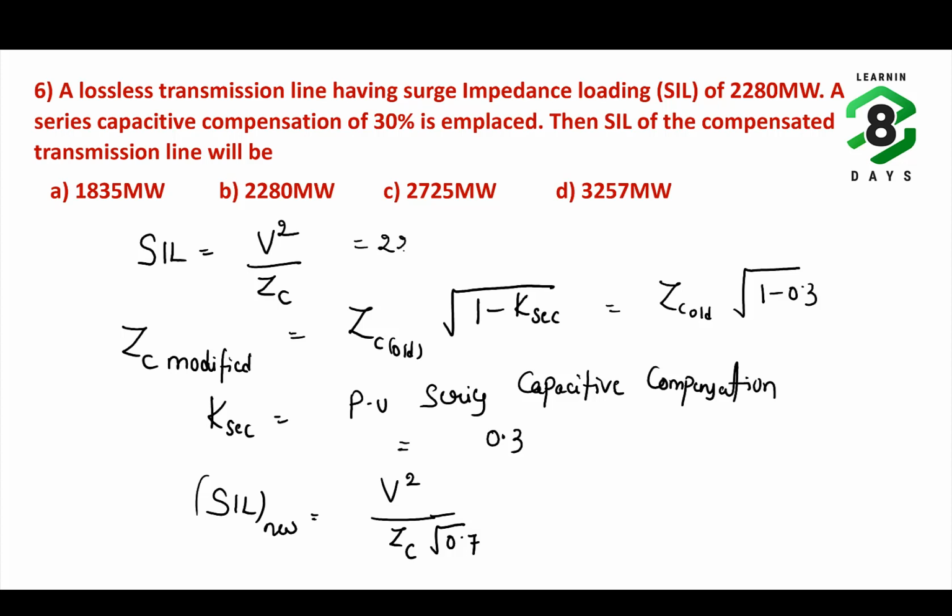It is given as 2280 megawatt. So after compensation, if you substitute V square by ZC, this value will become 2280 divided by root of 0.7, which is 2725.12 megawatt. So which is the right option? Option C is the right option.